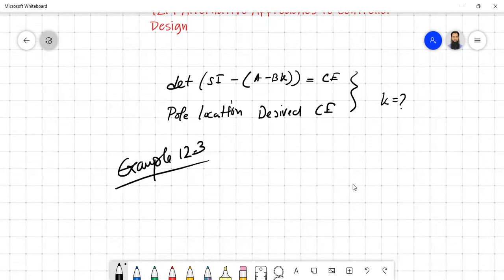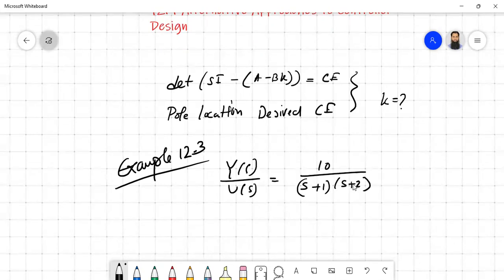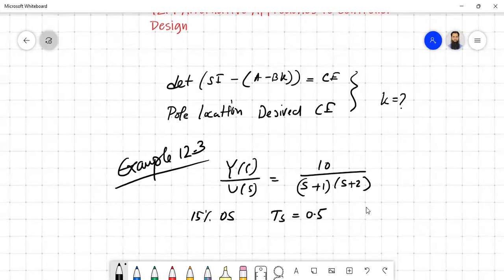12.3. Y(s) by U(s) is given as 10 by (s plus 1)(s plus 2). The specification is 15% overshoot and a settling time of 0.5.